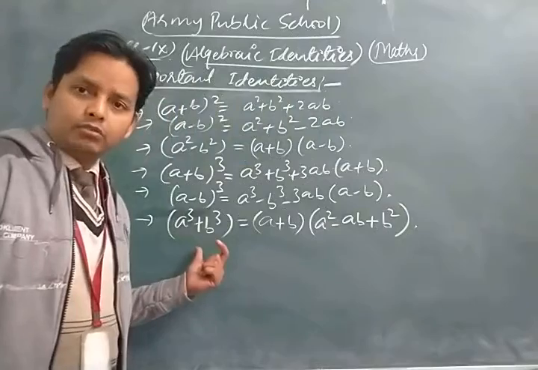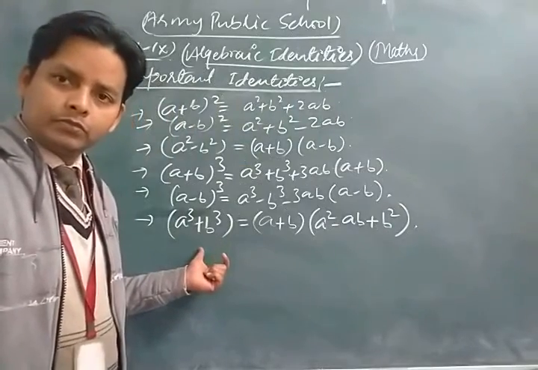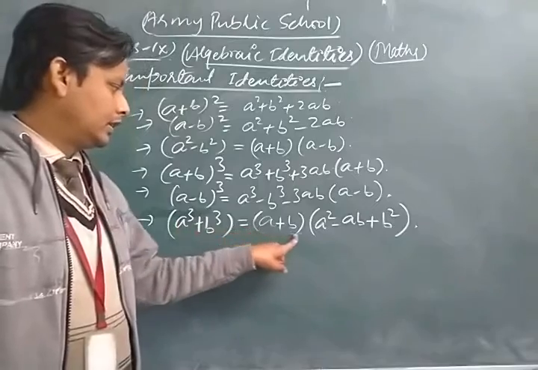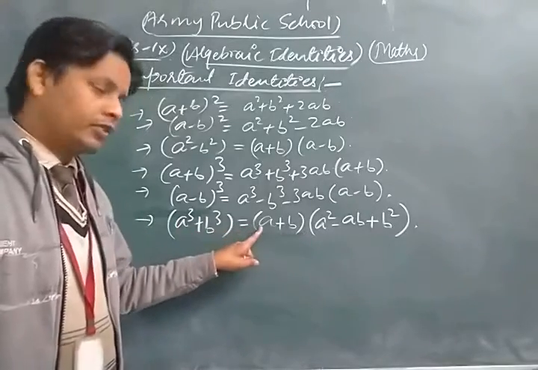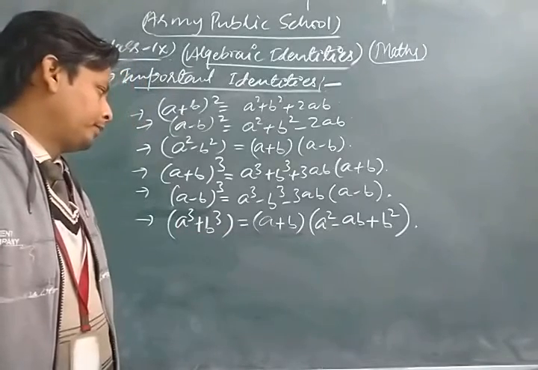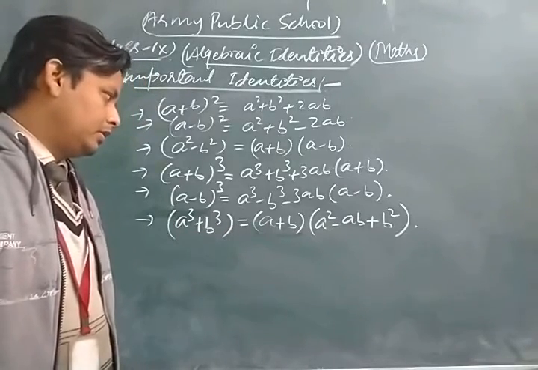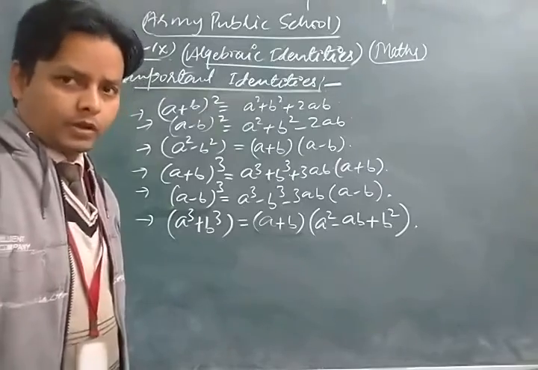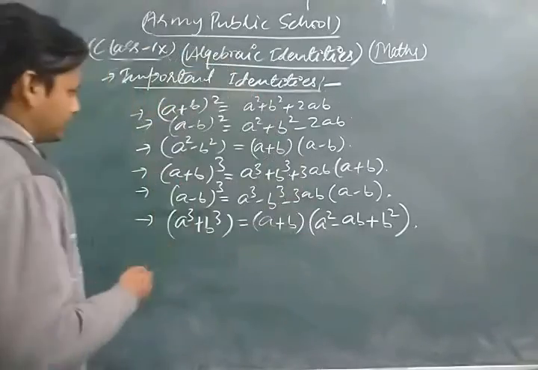This is the identity for A cube plus B cube, that is A plus B in one bracket and in another bracket A square minus AB plus B square.